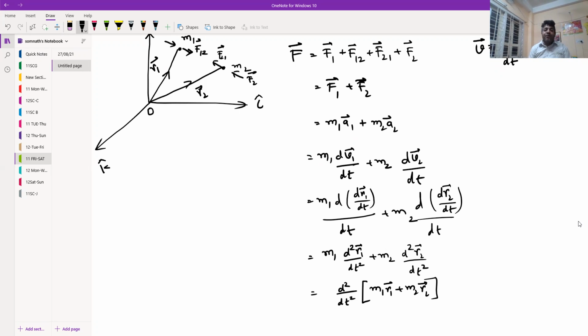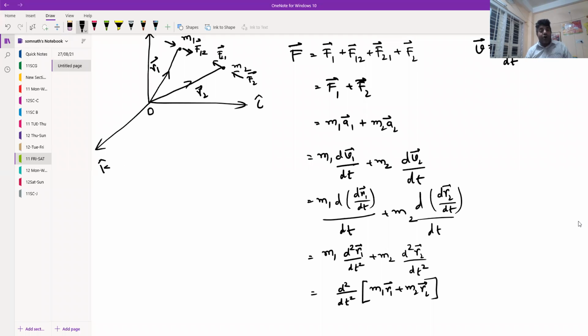Now as you have two forces F1 plus F2, what is the formula of force? Mass into acceleration. So in the next step we write m1 a1 plus m2 a2. Why? Because two different particles. Now what do you mean by acceleration? Rate of change of velocity. So m1 dv1 by dt, m2 dv2 by dt. Now we know velocity is the differentiation of position with respect to time.